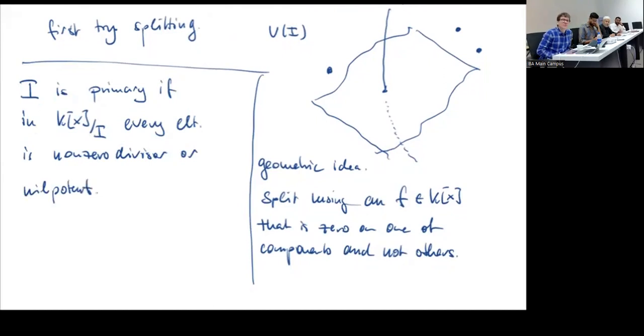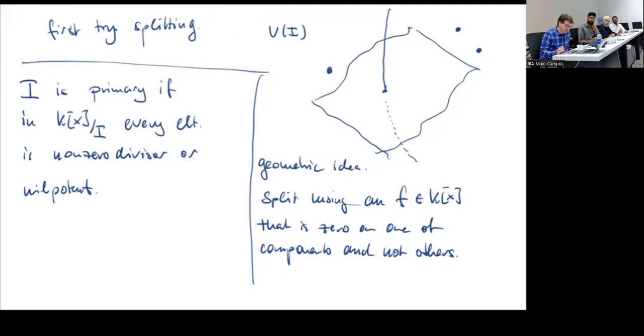Non-zero divisor means multiplying by that element is an injective map, or you can cancel. If you see that thing, you can cancel it. And nilpotent means a power is 0. At the moment this has nothing to do with the nil from yesterday. Here nilpotent means just a power is 0.